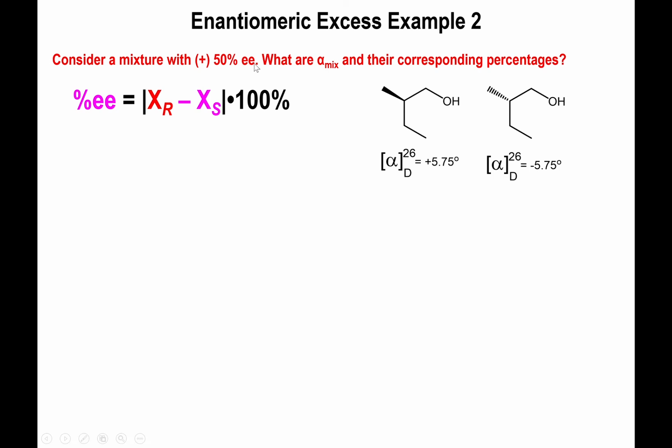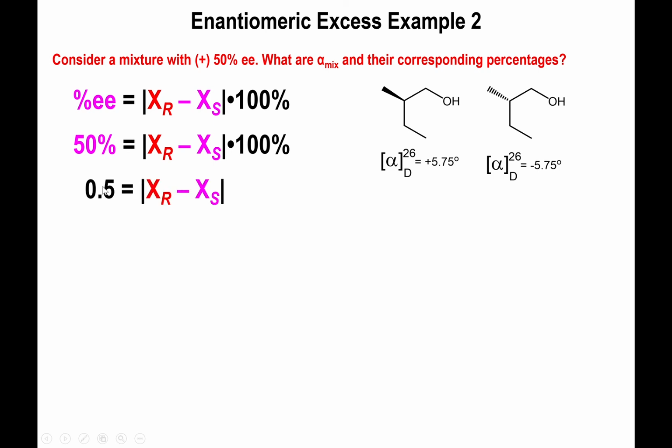50% enantiomeric excess, based on the equation, we know that the percent EE is equal to the difference in mole fractions times 100. So knowing that the percent enantiomeric excess is 50%, we input that in here. 50% must equal the difference in the mole fractions times 100%. Dividing both sides by 100 tells us that 0.5 must equal the difference in the mole fractions.